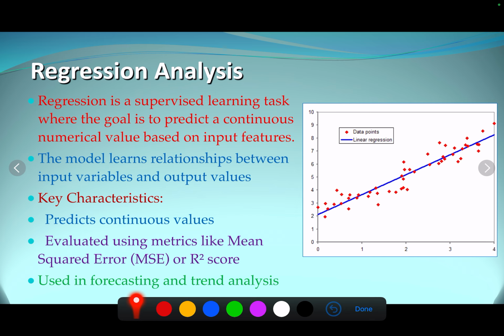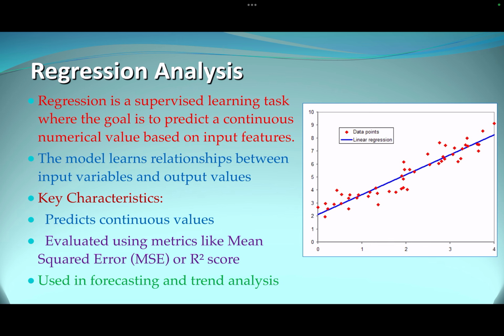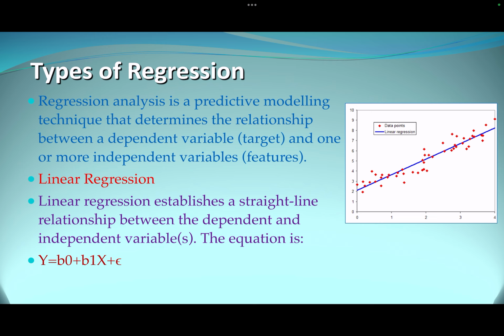The key characteristics of regression analysis are that it can predict a continuous value, and it can be evaluated by using metrics like mean squared error (MSE) or R-square score. This regression analysis is a very useful technique, and it is used in forecasting, and also in trend analysis. So there are different types of regression.